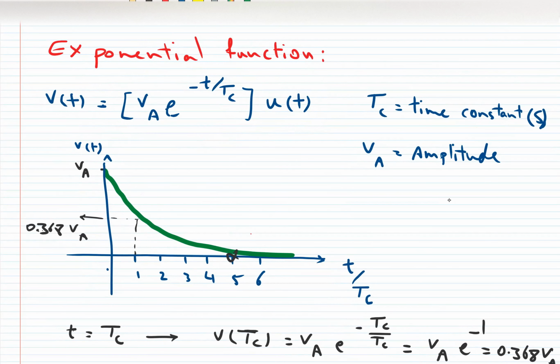If we don't add u of t in this function, the exponential function graph will be something like this. So we see that it has values on negative t, but we don't want to deal with negative times because whenever we do any calculations, the time starts from 0.